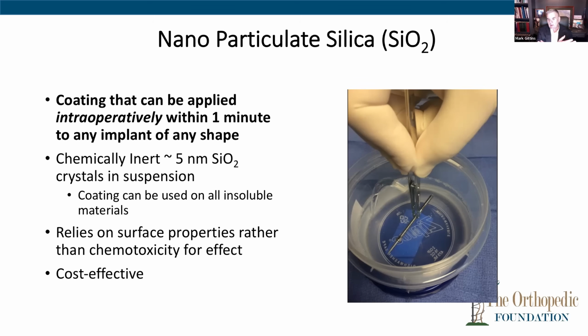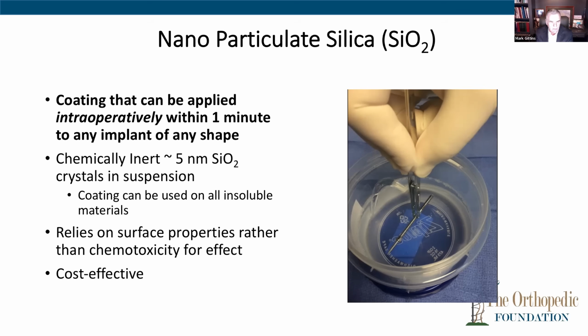Well, we all know that's how the cephalosporins work, is that they break the cell wall down, and that's the difference between cytotoxic versus antibiotics that are not cytotoxic. And so we really want to break the cell wall down. This is a fairly inexpensive coating, and can be applied to a lot of implants.